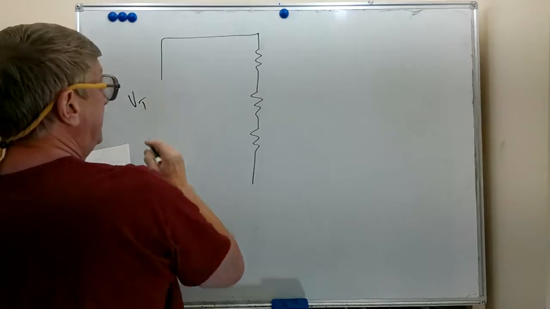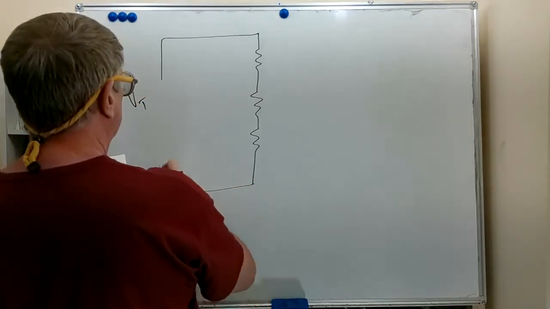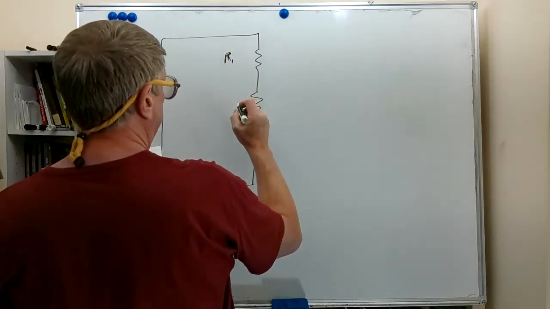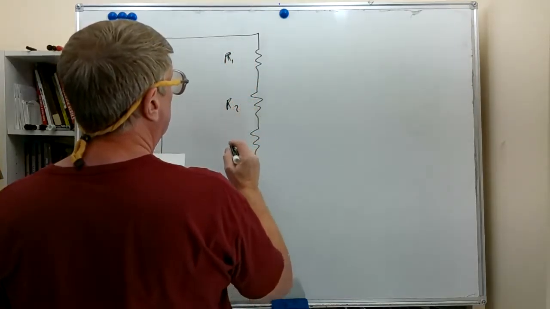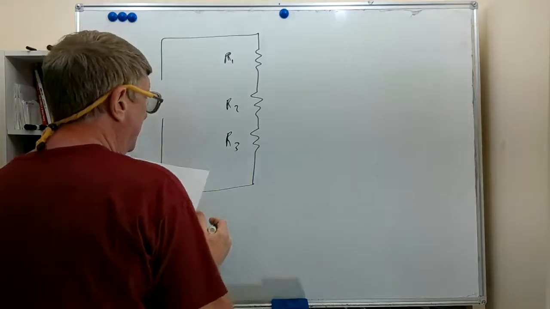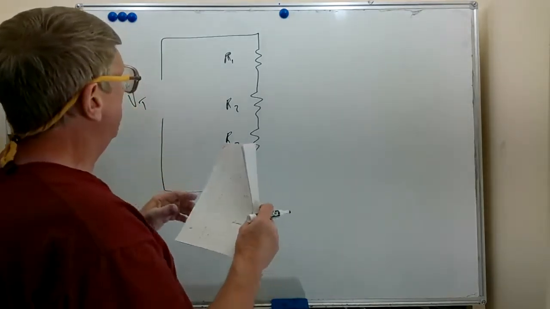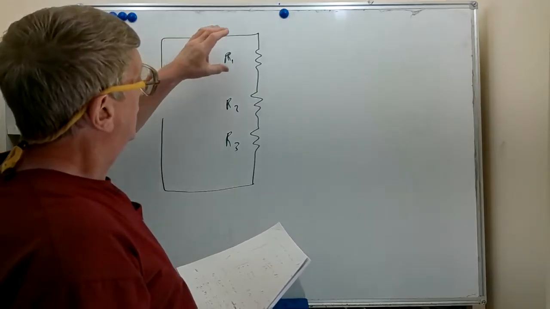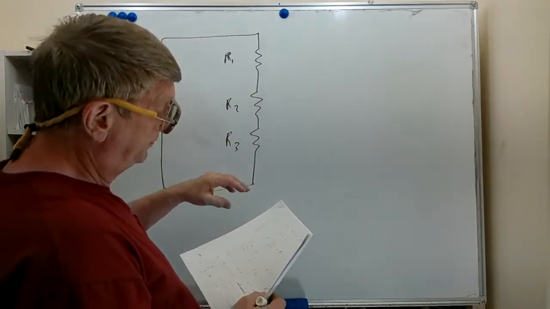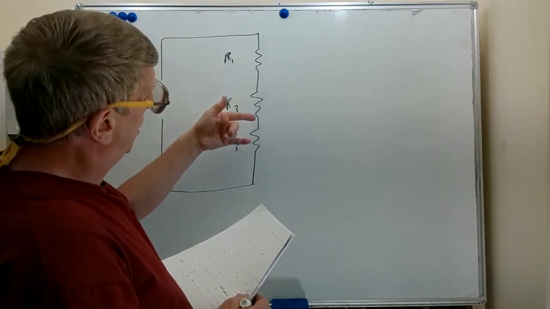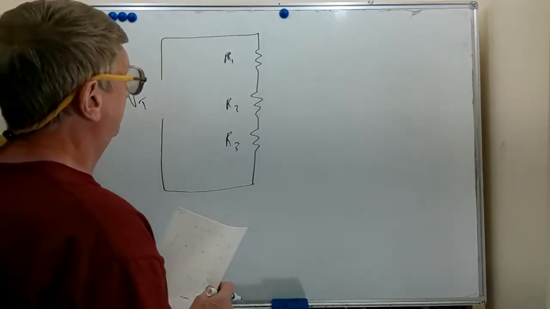We'll call that VT. And this is R1, R2, and R3. Basically, in this circuit, the VT, the voltage total, will be divided amongst the three resistors here.